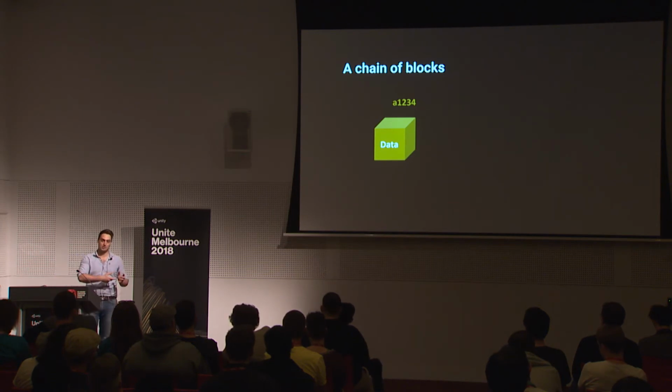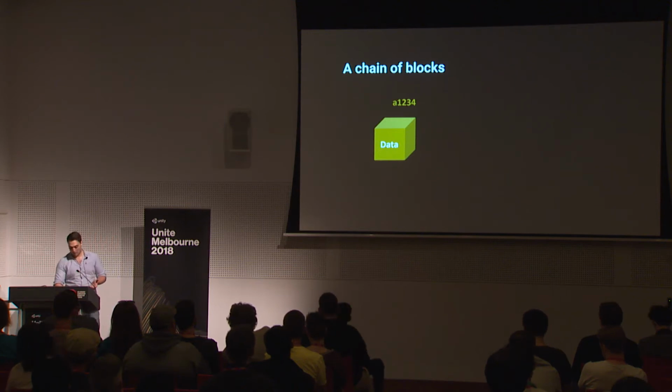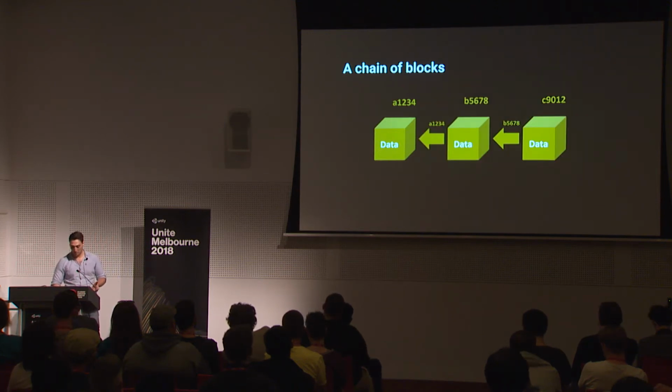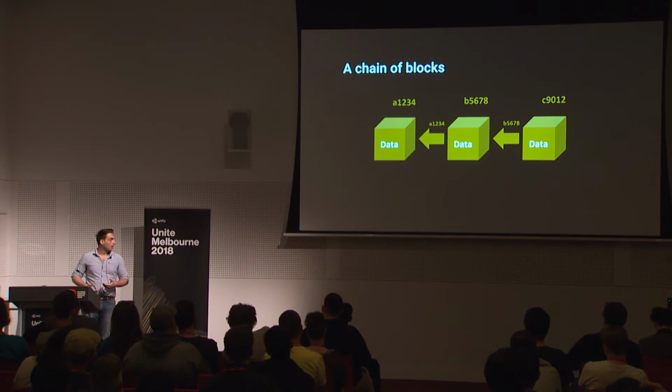So if you change the data, you change the hash. Additionally, you also have a hash that points to the previous block in the chain, which is how the chain is built up. For any programmers, you can think of this as being a little bit like a linked list as a data structure.